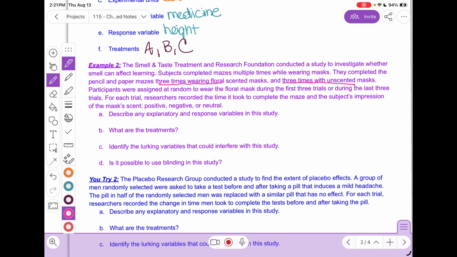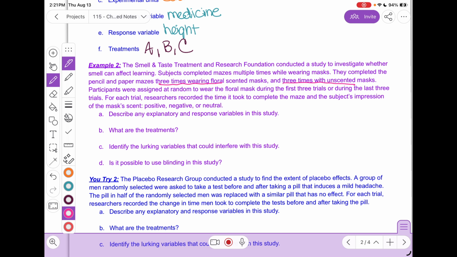Participants were assigned at random to wear floral masks during the first 3 trials or during the last 3 trials. For each trial, researchers recorded the time it took to complete the maze and the subject's impression of the scent, positive, negative, or neutral. Describe any explanatory and response variables.